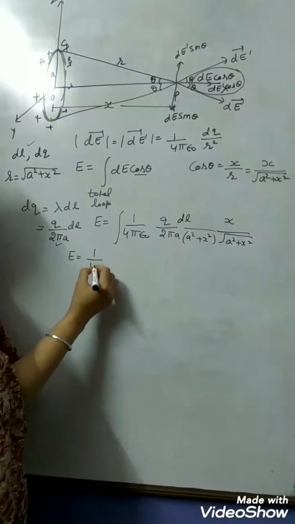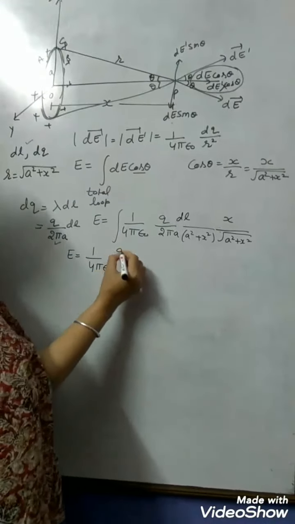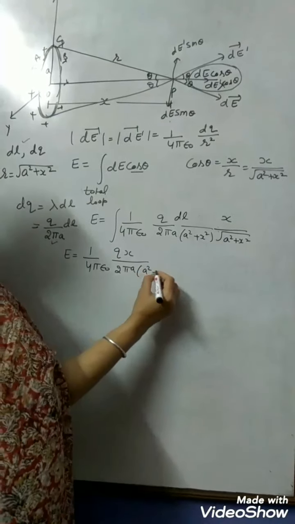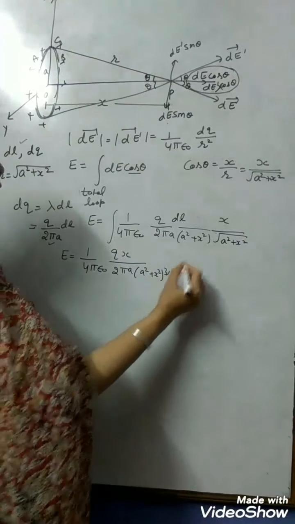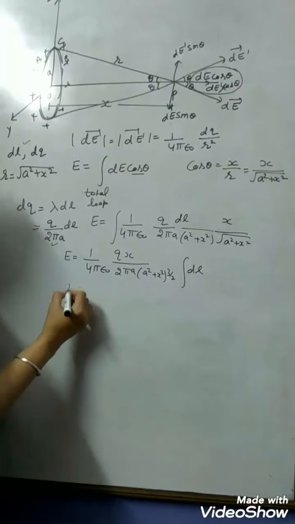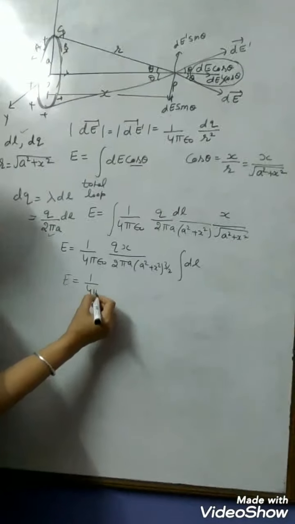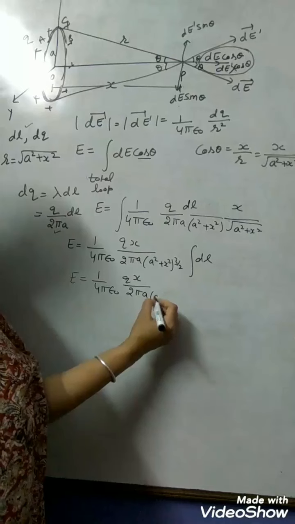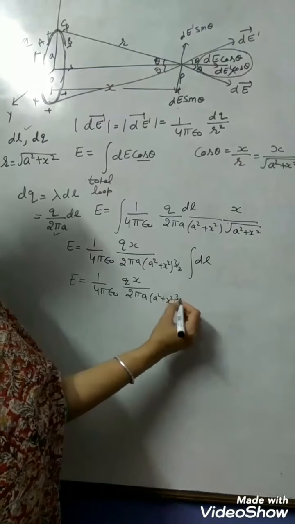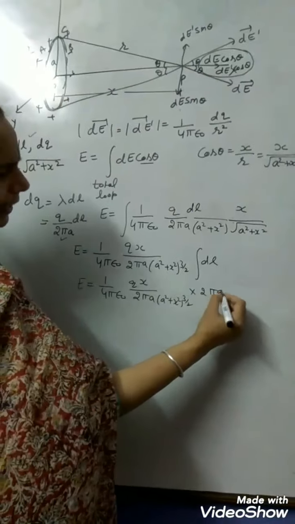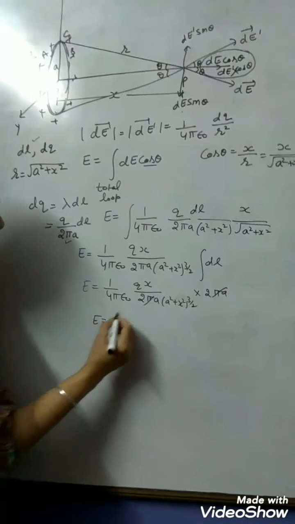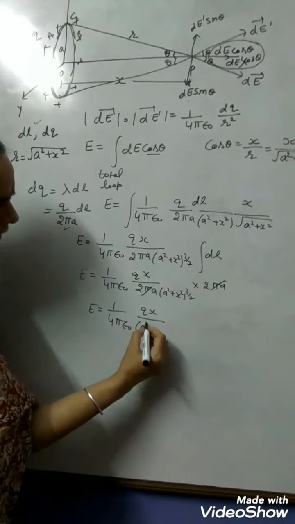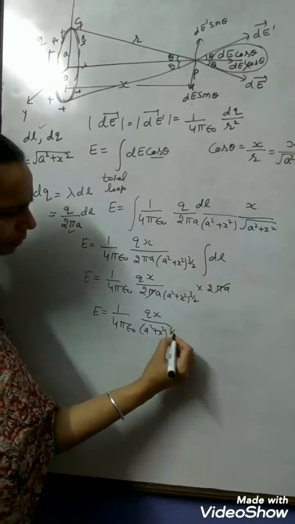So the electric field becomes 1 over 4 pi epsilon naught times qx upon 2 pi (a square plus x square) to the power 3 by 2, times the integral of dl. This integral of dl is 2 pi a, so our answer becomes 1 over 4 pi epsilon naught qx upon (a square plus x square) to the power 3 by 2.